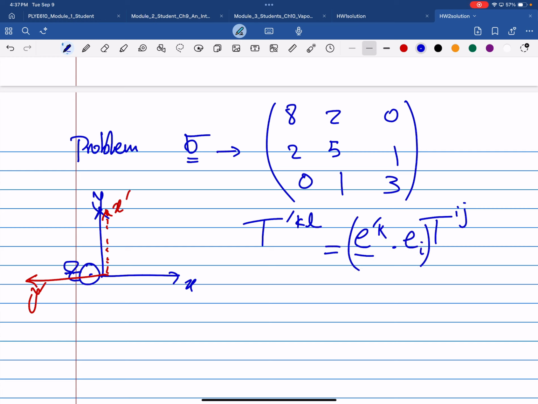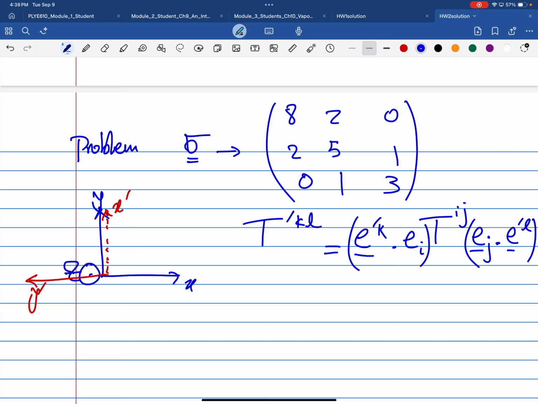So this was easy. This was similar to the vectors. But a tensor has two things, EI and another one, EJ. And I need to do a dot product from the right-hand side this time. So it's going to be EJ dot E prime L, they are the same thing as the E prime of K, because I'm getting the KL component. So this is your transformation rule.